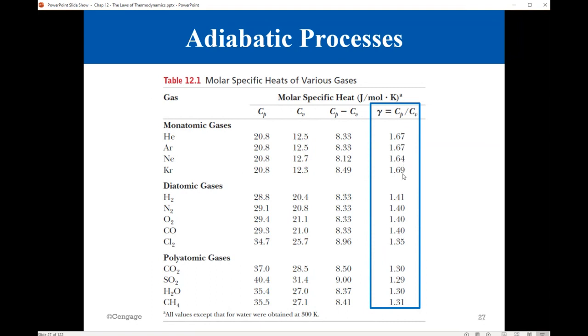So for monoatomic gases, it is 1.67 because Cv is 3/2 R. For diatomic gases, it is less, 1.41, because Cv now is 5/2 R. For polyatomic gases, it also can go lower. There it can be 7/2 R rather than 5/2 R.